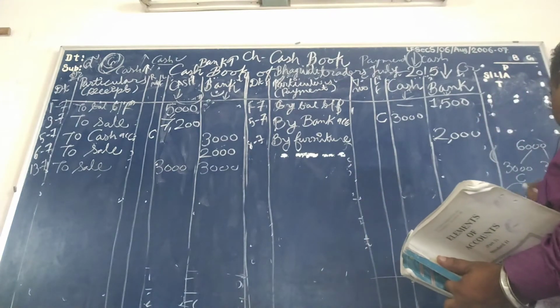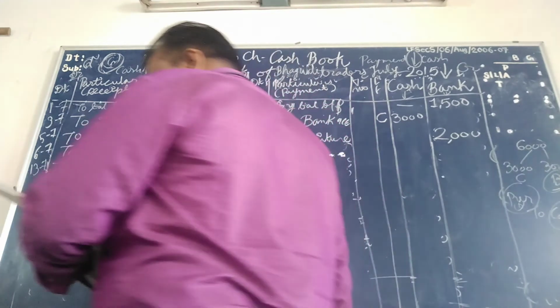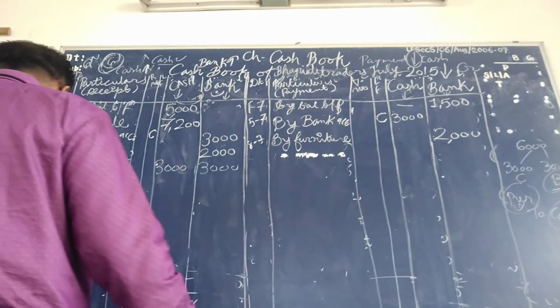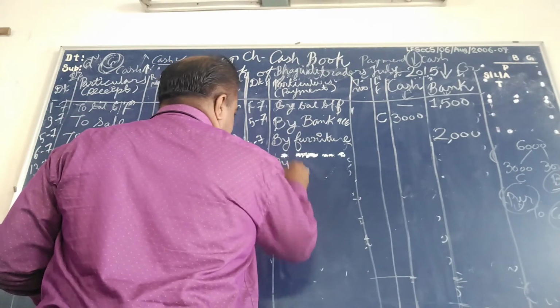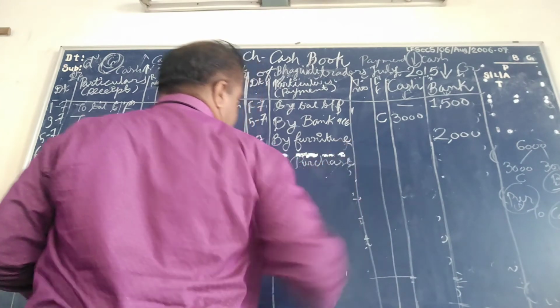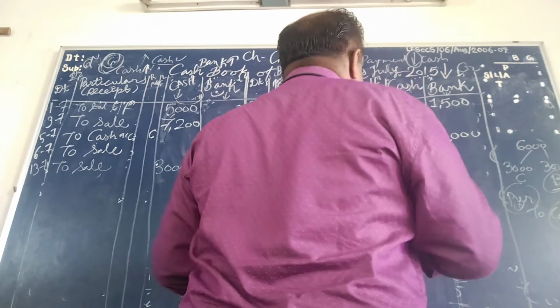Cash goes out in the form of purchase, so we write here by purchase on the 15th of July. Purchase is of 6,000 rupees.